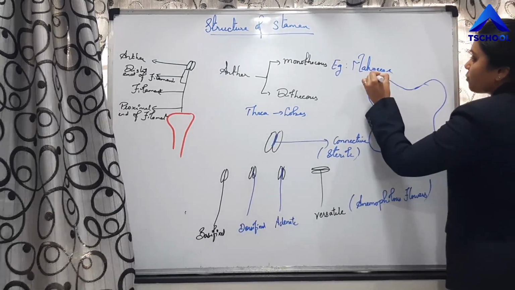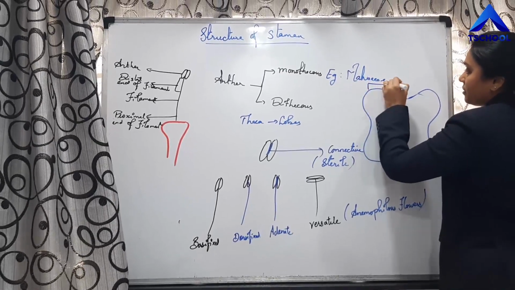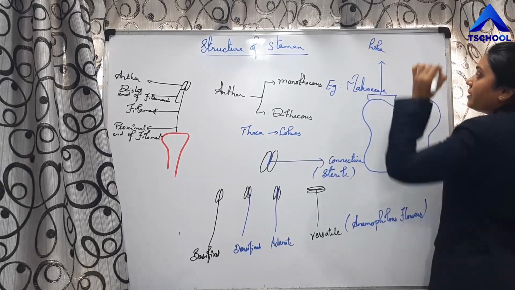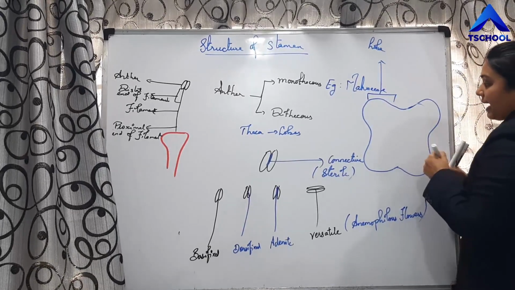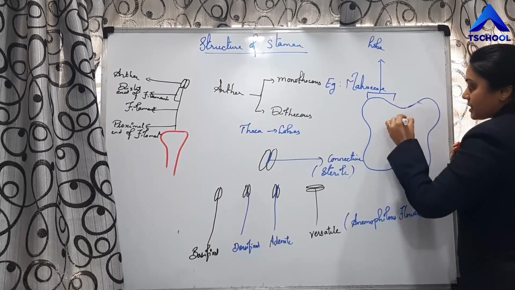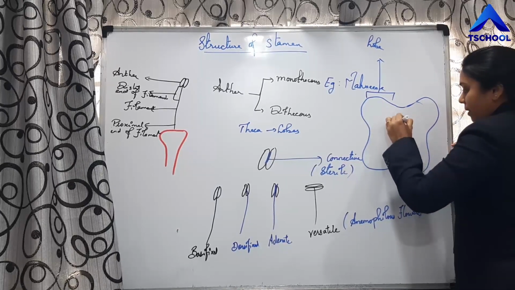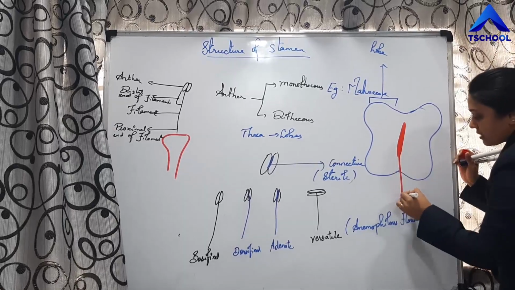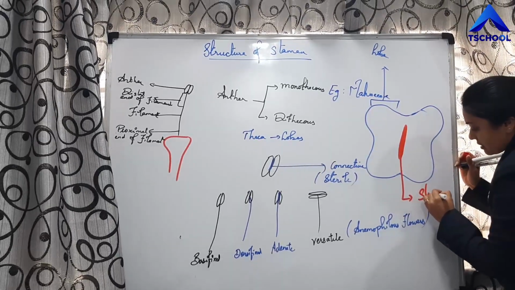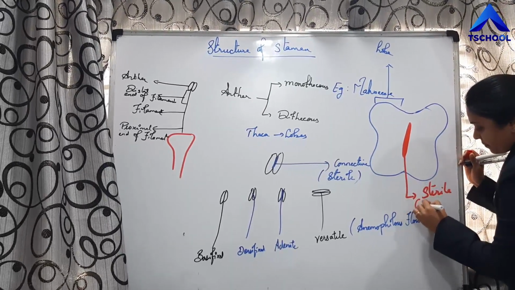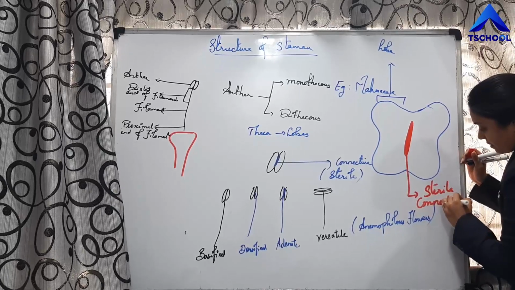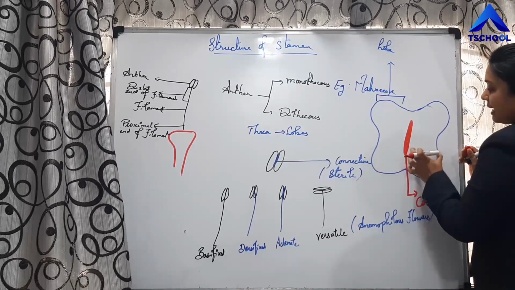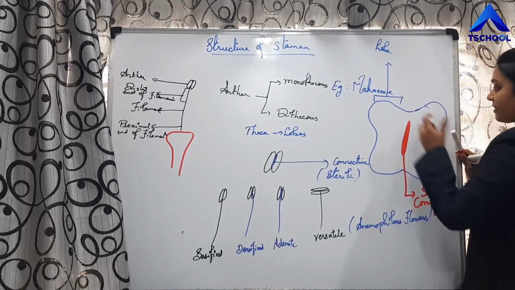This is one lobe or one theca of the anther, and these two thecas are connected by a sterile connective tissue. Right? So these are the two thecas of the anther.